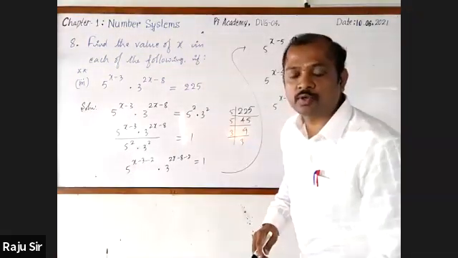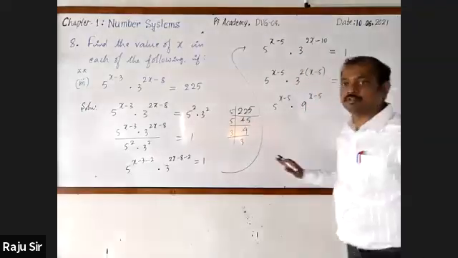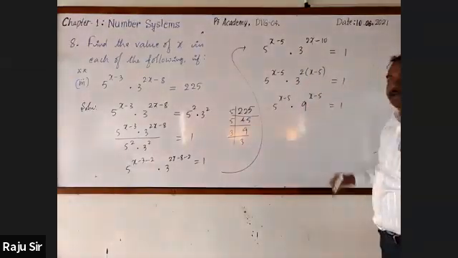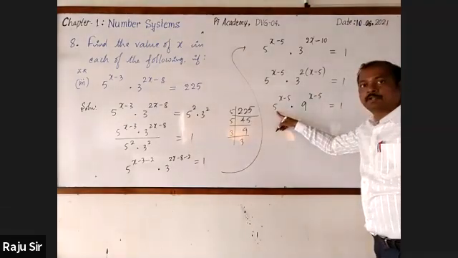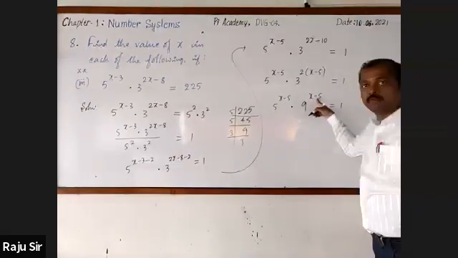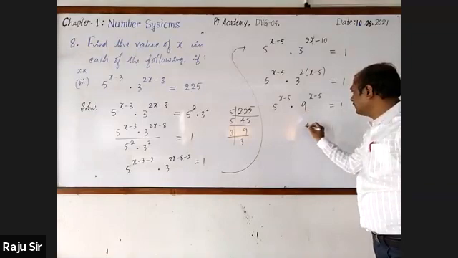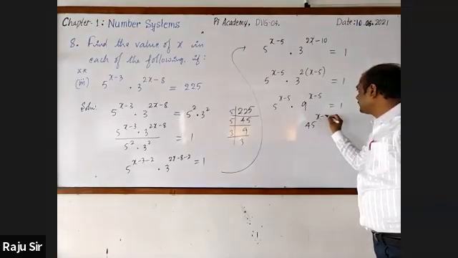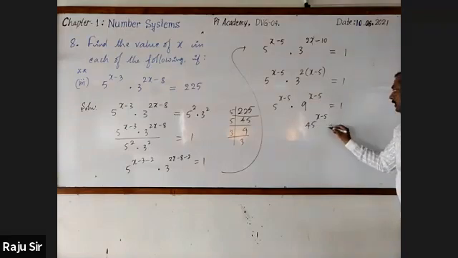I told you not to copy. I'll give you time. Just observe. It is equal to 1. Now, observe it. Here the powers are the same, so I can multiply the bases. 5 nines are 45, so 45 raised to the power x minus 5. Here 1 is there.